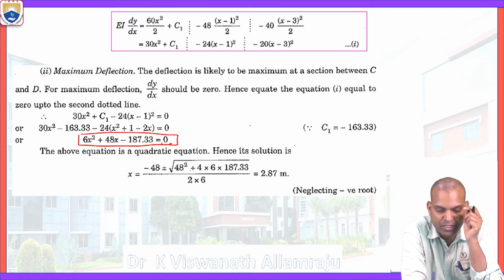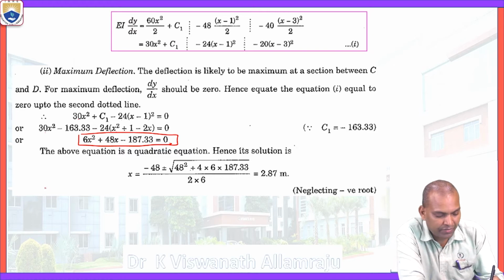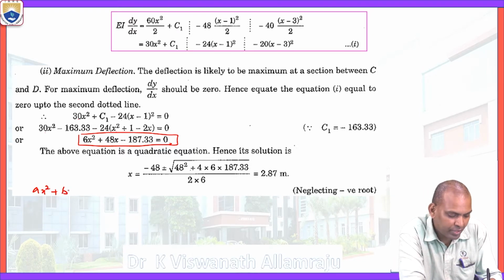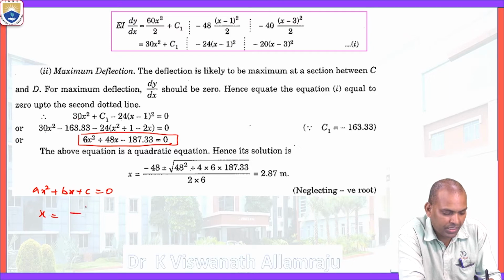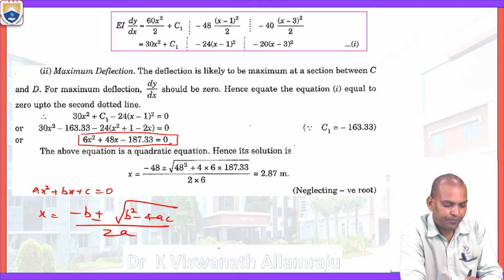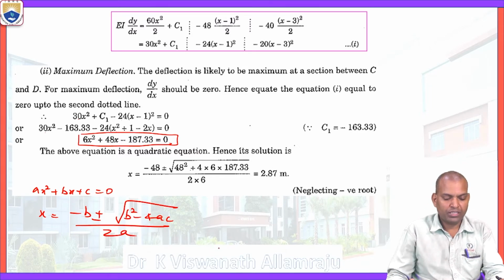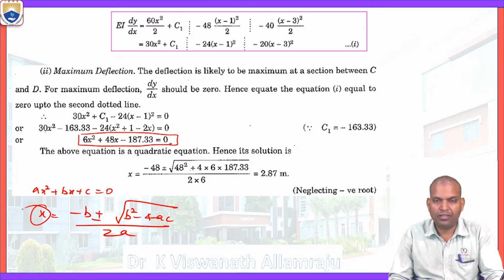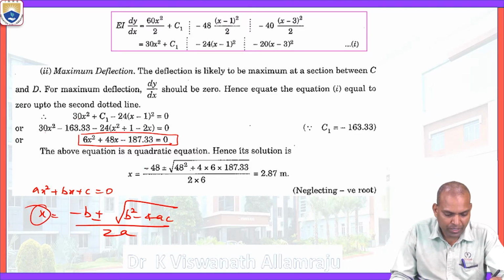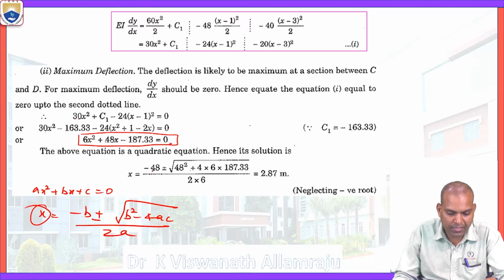This is in the form ax square plus bx plus c equal to 0, so the roots can be derived as minus b plus or minus the square root of b square minus 4ac, by 2a. So by using the formula, we can find out the value of x.